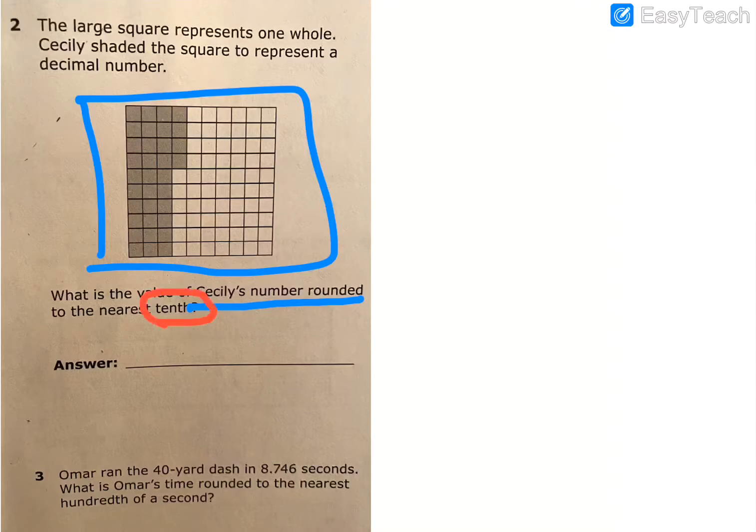So before we can round, we have to know what the number is. We're going to mark on here and see exactly how many we have. If we have one full rod, is what we call them, shaded, that means that we have 1/10. So that's 1 long is equal to 1/10.